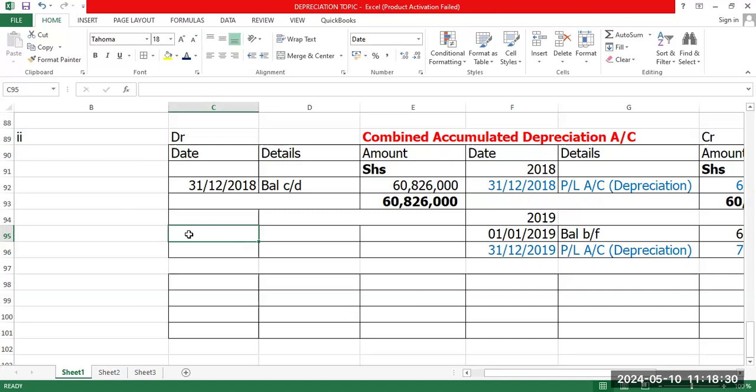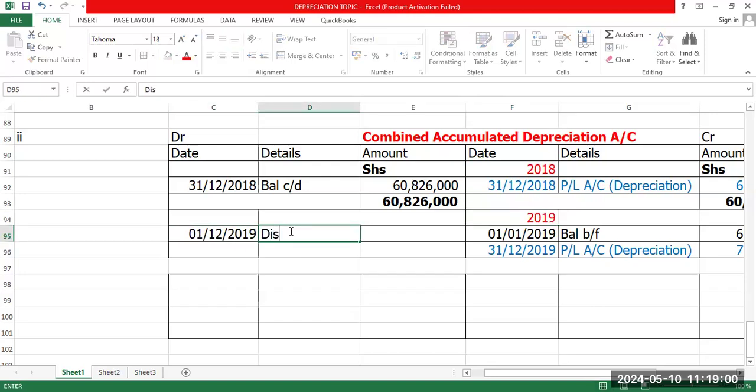Now we come here. When are we disposing of that asset? On which date? 1st December 2019. You must make sure that the years are corresponding. So on this date, we disposed of.